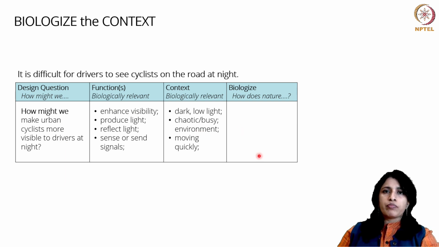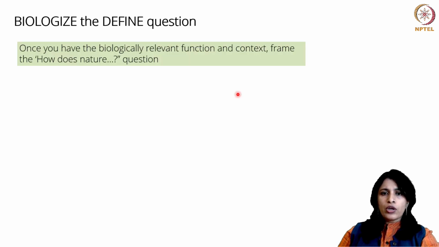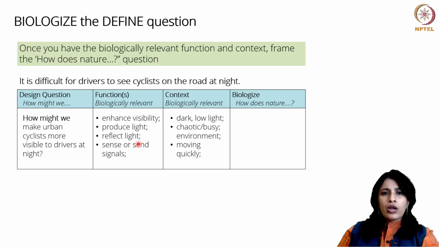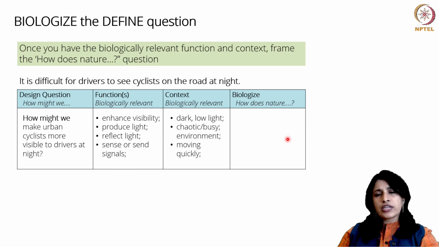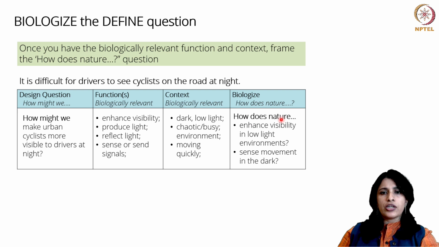Therefore, how would we start writing our how does nature question, which is the biologized question? We will look at both these biologically relevant function and context and state the biologized question, which would be: how does nature enhance visibility in low light environments, and how does nature sense movement in the dark?